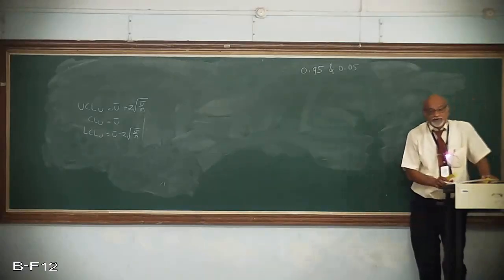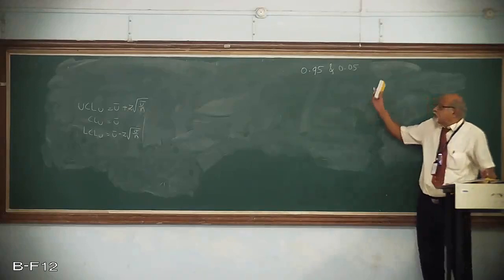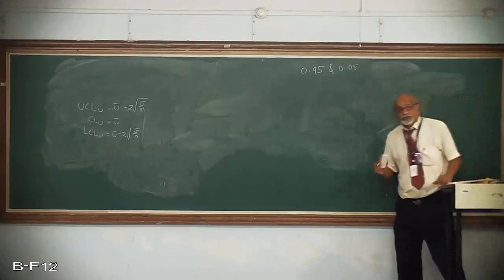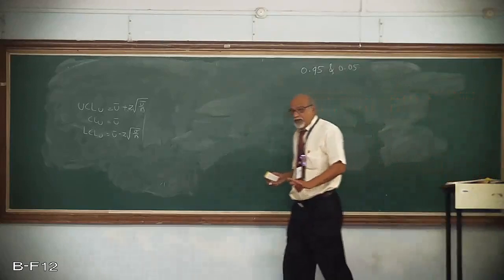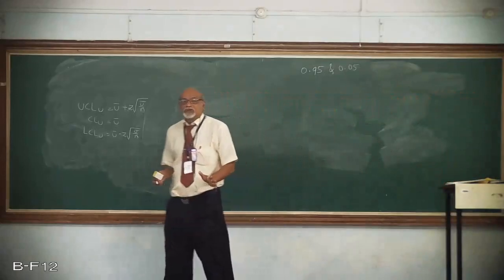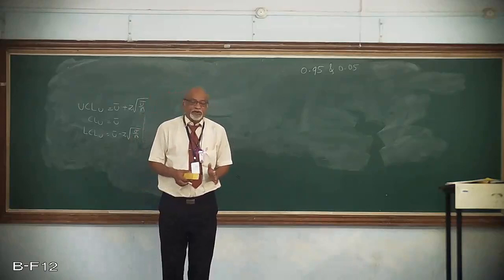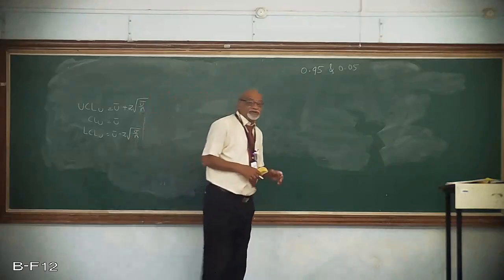That means 95% of the values should fall below the upper control limit, and 5% of the values should fall below the lower control limit. If so, what should be the value of the upper control limit and the lower control limit? That's all it is. It boils down to that much simplicity.